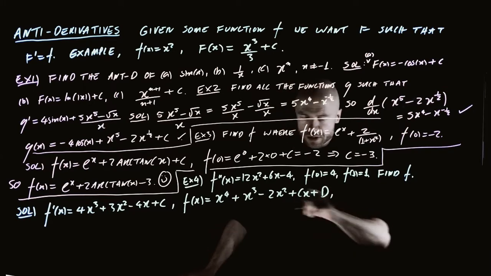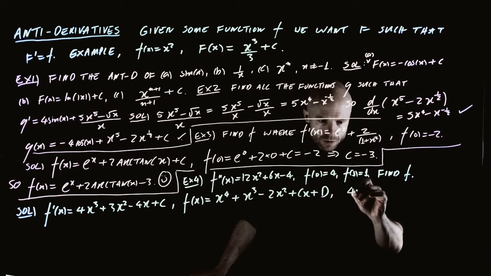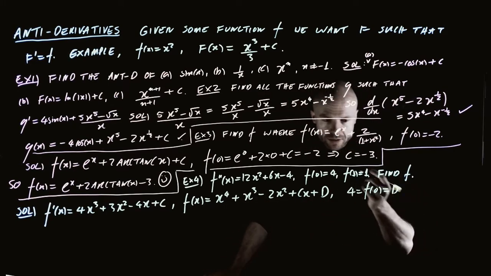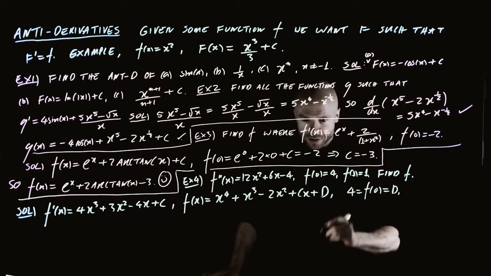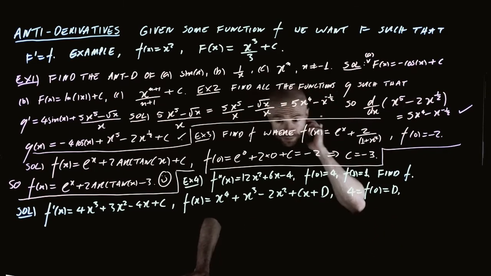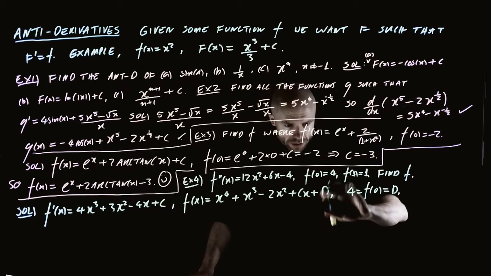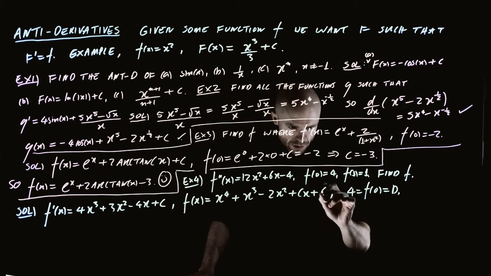So if we just stick in 0 into this, we have that 4 equals f of 0. And then all of that stuff cancels, and we just have d. So it just directly tells us what d is. Good. So that's what d is. Let's save board space by just erasing this and put 4.